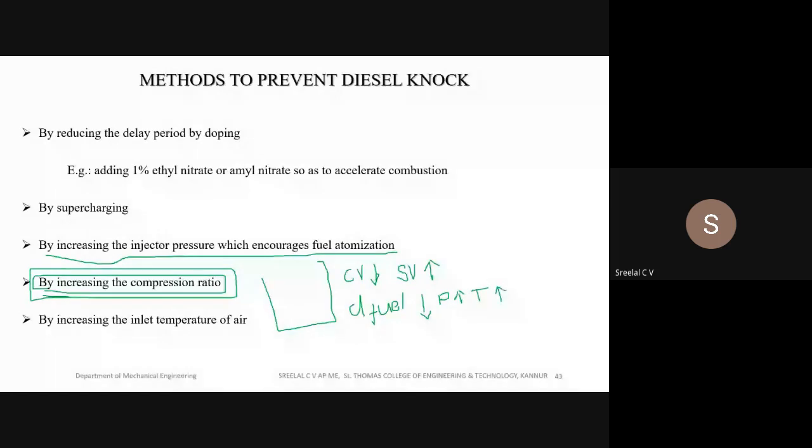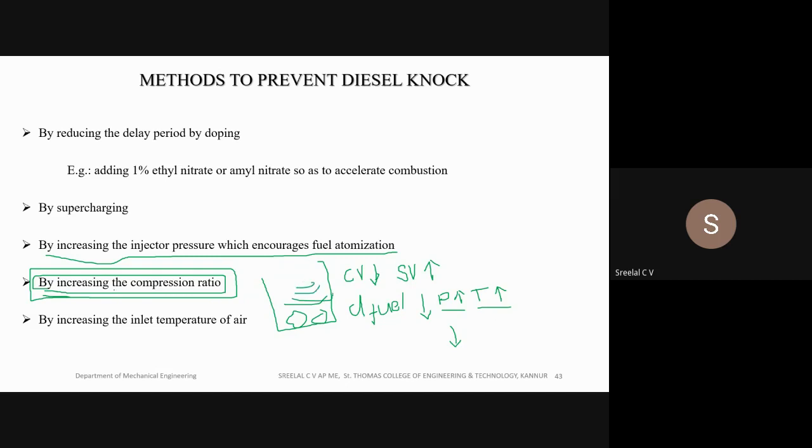As a result, the pressure and temperature increase. അതുകൊണ്ട് തന്നെ it will be reaching the self ignition temperature earlier. അപ്പോൾ the unburned mixture will attain that particular self ignition temperature before the normal combustion. Okay, അങ്ങനെ മനസ്സിലാക്കി വെക്കാം.